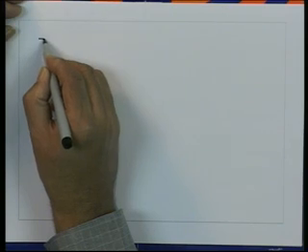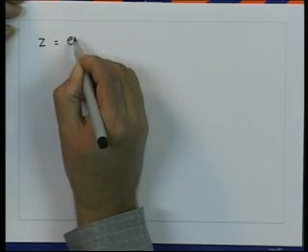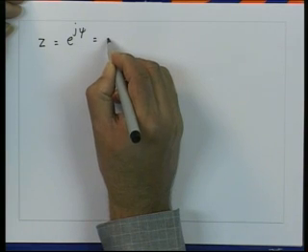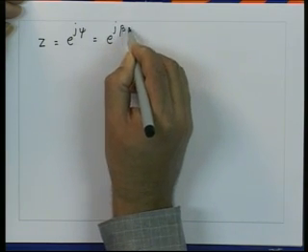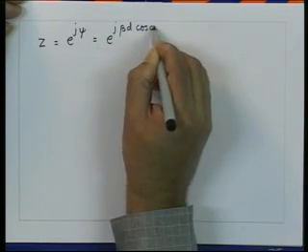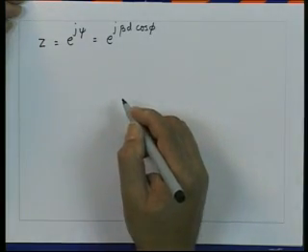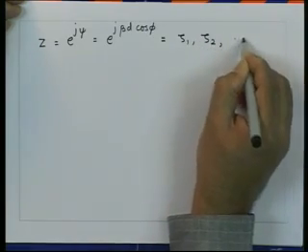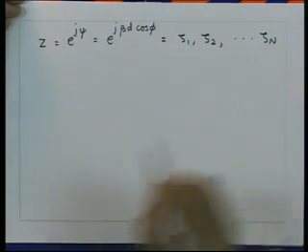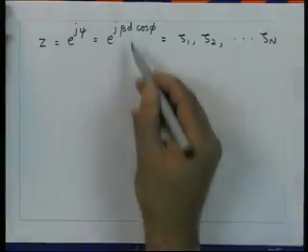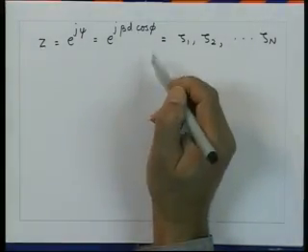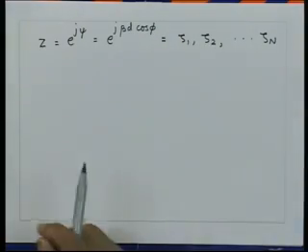Now if I take z, which is equal to e to the power j psi, that is equal to e to the power j beta d cos phi, if that is equal to zeta 1, zeta 2, zeta n, and if I invert this and find out the corresponding phi, that essentially indicates the direction of the nulls in the radiation pattern.